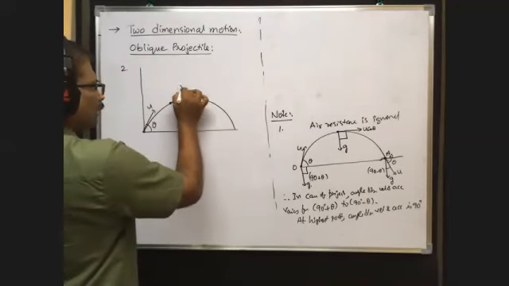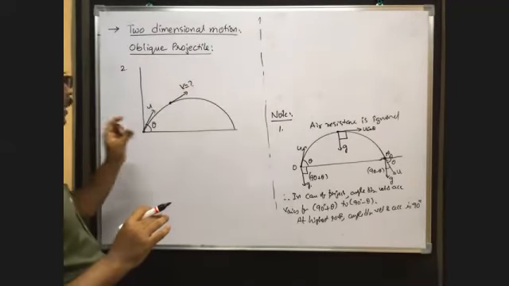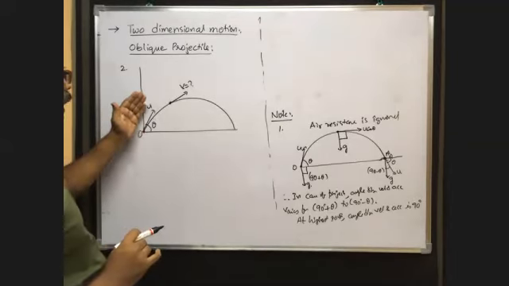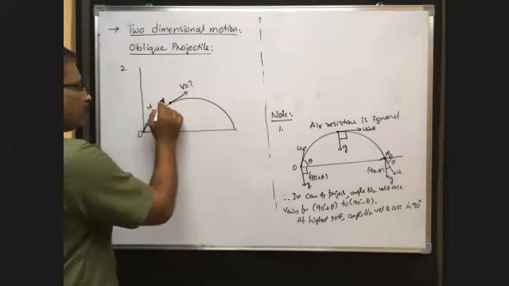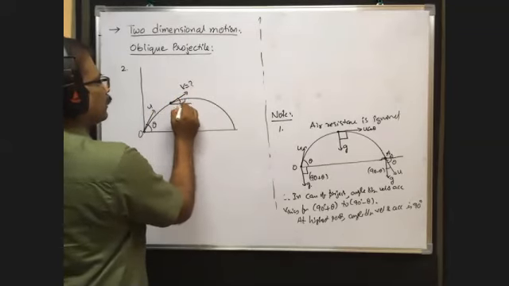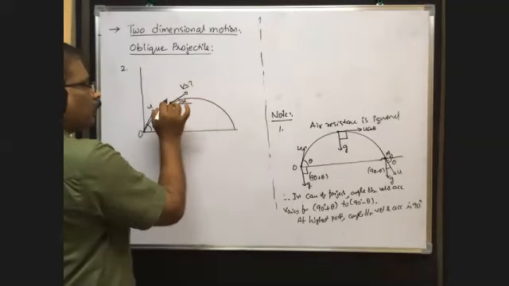Now, what is its velocity? After reaching a certain point, its direction of motion makes an angle alpha with the horizontal. Then at that point, what is the velocity of the projectile?